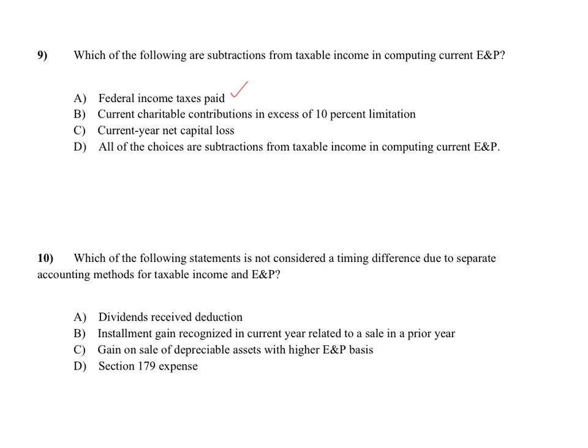Yeah, it sure is, right? Current year net capital loss. That is also going to be a subtraction from taxable income. So your answer for this one is D. All of the choices are subtractions from taxable income in computing current earnings and profits.